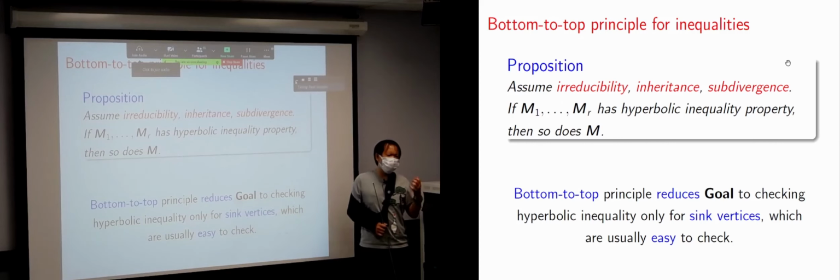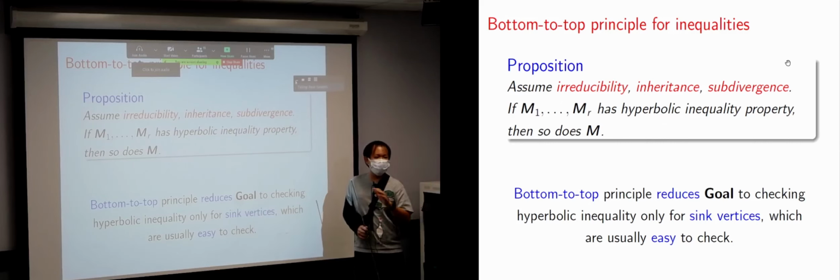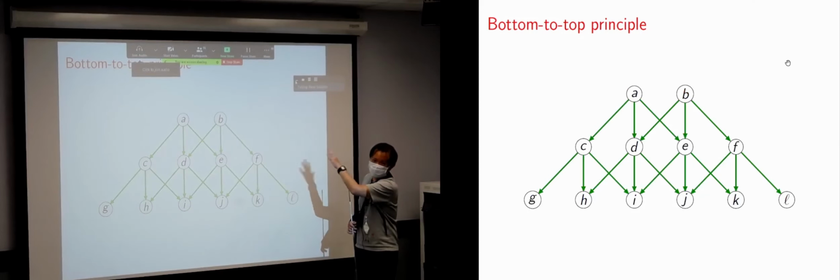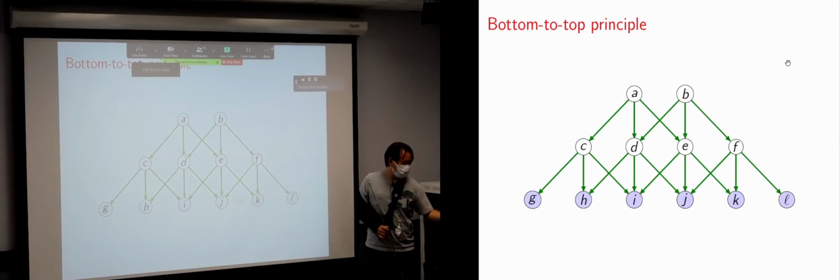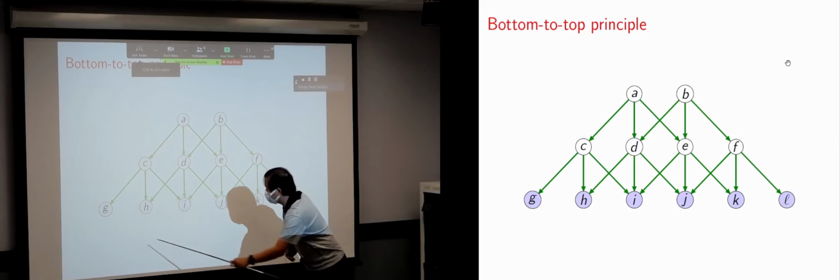And this becomes very useful when we prove the hyperbolic inequality, because remember, our goal is to show that every vertex has this property. But in practice, we don't need to do it for all vertices. So here is an illustration. Suppose that you already checked this for all of the children.